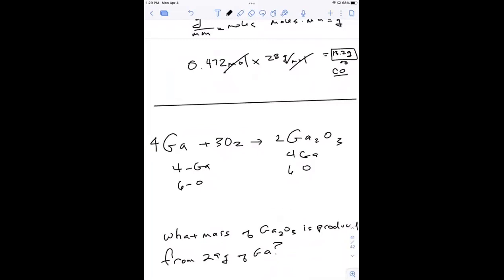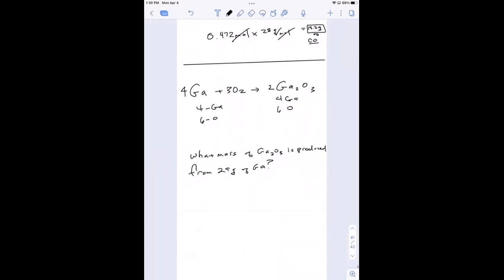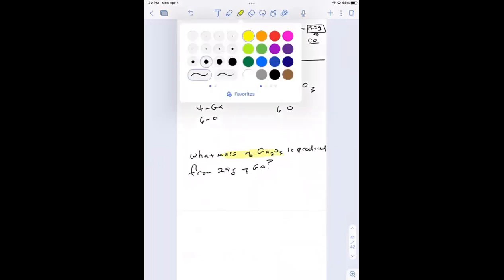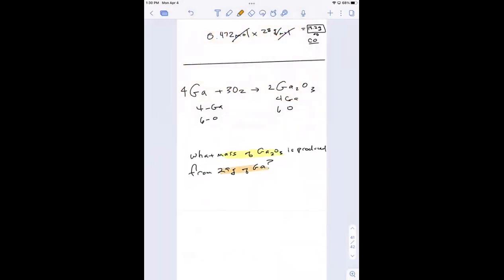So now we know our relationships. For gallium to oxygen gas is 4-3. For gallium to the product is 4-2. Oxygen to the product is 3-2. So the question asks me, how much of this am I going to get if I reacted this much gallium metal with oxygen?